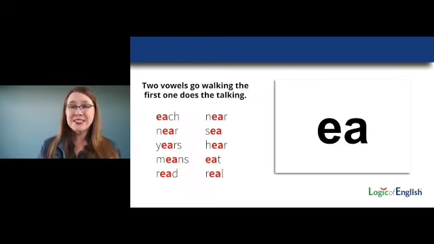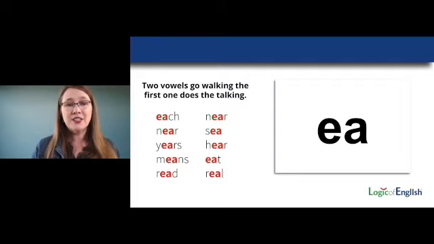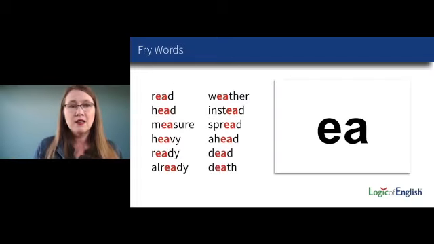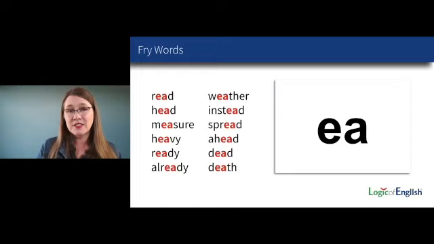All right, let's talk about spelling rules. Spelling rules, once again, should be accurate. Many of us have learned, and therefore we've taught, when two vowels go walking, the first one does the talking. So we see words like each and near and years, and we think, well, that's the rule that explains this. But what about red, head, measure, heavy? Notice what EA is saying in these words.